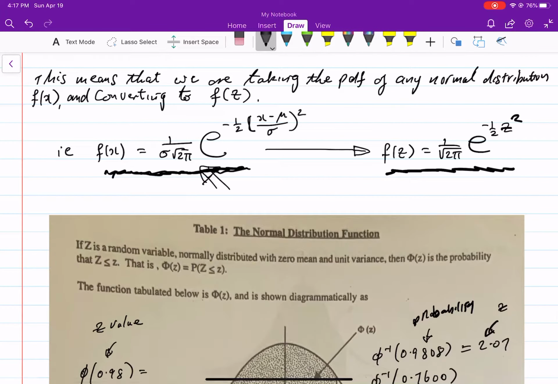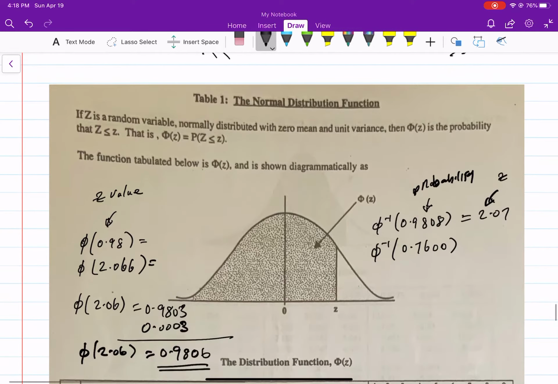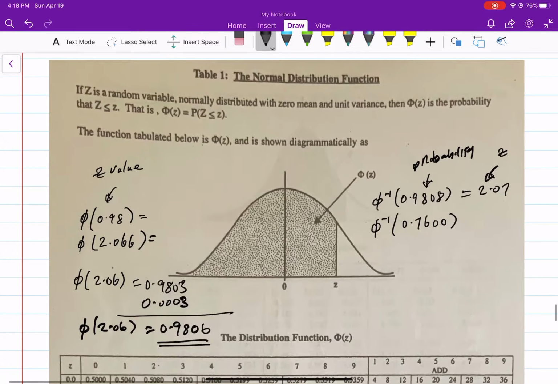So any normal distribution will be converted to the standard normal distribution, this guy. Again, we're not even worrying about the mathematics for the standard normal distribution. What we're going to do is look at the graph for the standard normal distribution. There it is. It's a graph of f of z versus z.